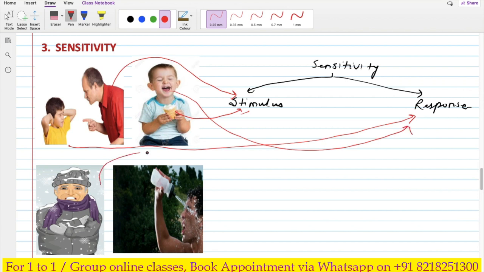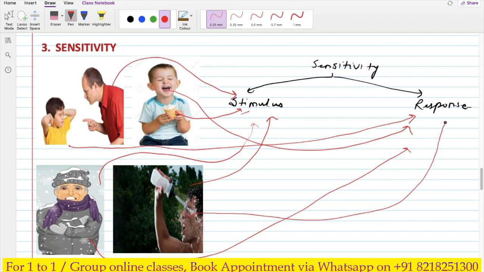Winter, quite cold, is the stimulus, and how you adapt, wearing jackets, is the response. Summers, very hot conditions, the stimulus, and how you try to keep yourself cool is the response.